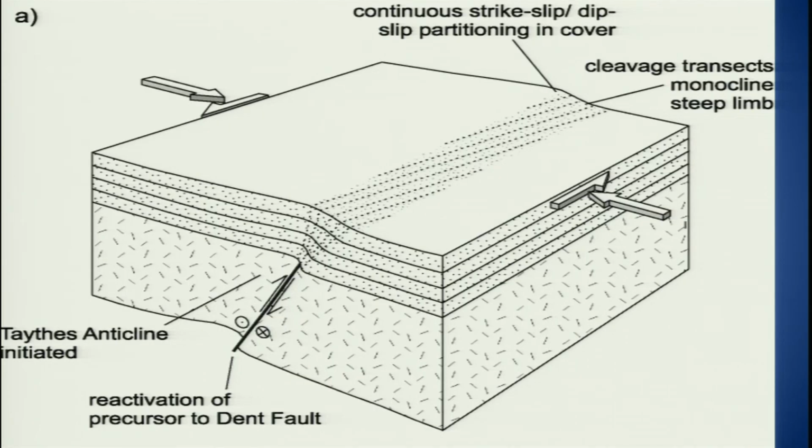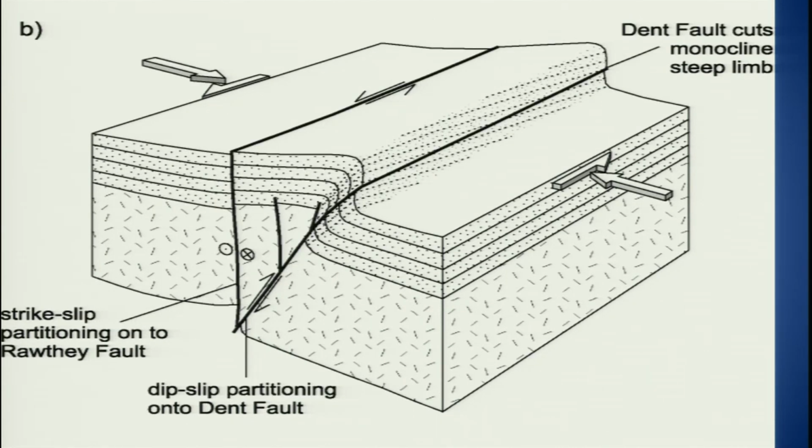So you may also come across that if you have a very high angle strike slip, with some oblique slip along with the thrust, then on the surface you may see the formation of a monocline, and along the fault you will be able to see the strike slip motion. This is what has been shown here.